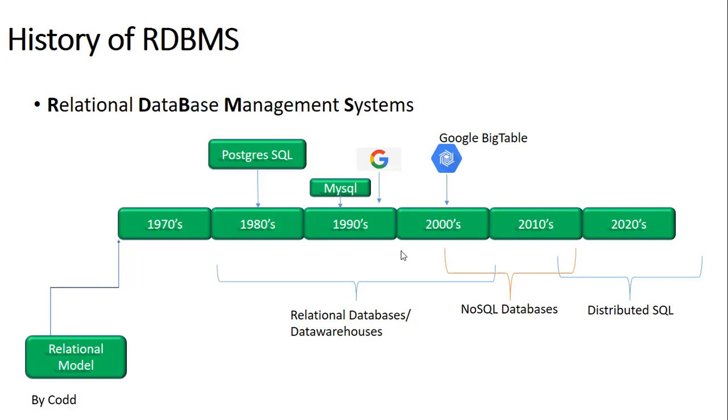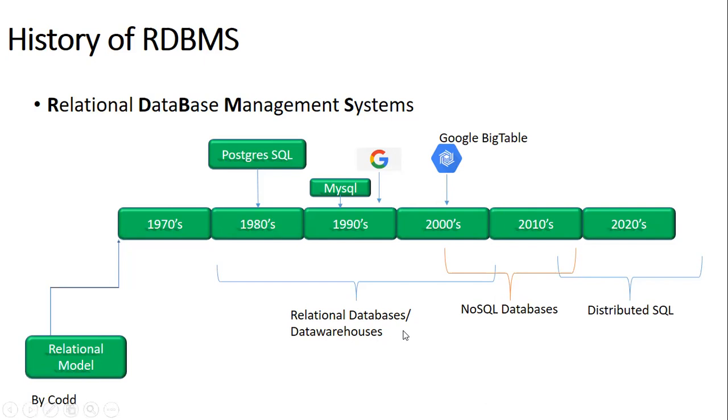And that is where in the 2000s, it came up with what is called Google Bigtable, and that started a kind of database called NoSQL. NoSQL stands for not only SQL, and SQL stands for Structured Query Language. Right, so we could say 1979 to probably about 2001 or 2002, we had a period of relational databases and data warehouses.